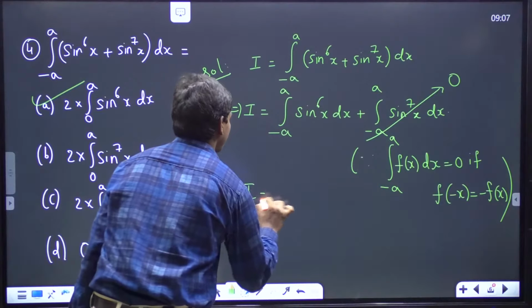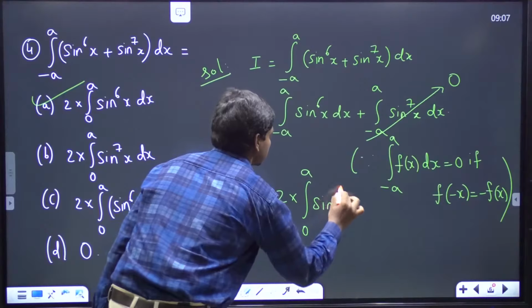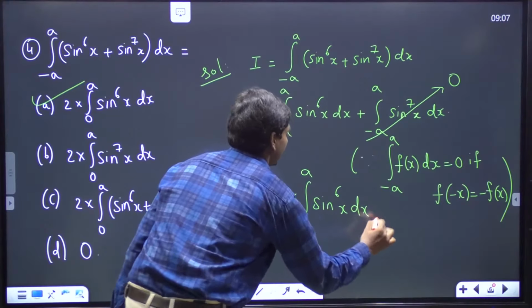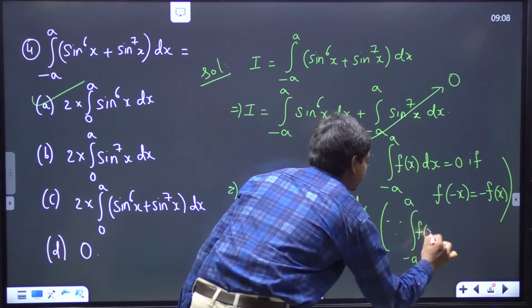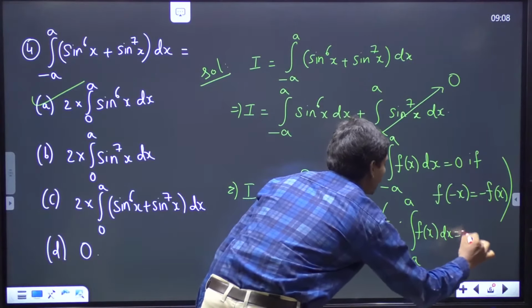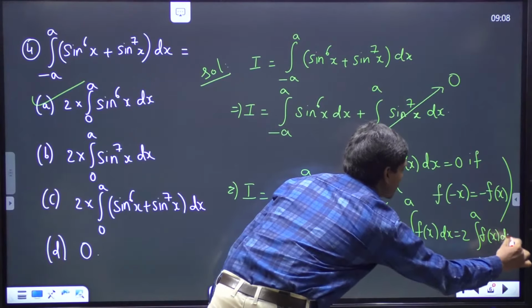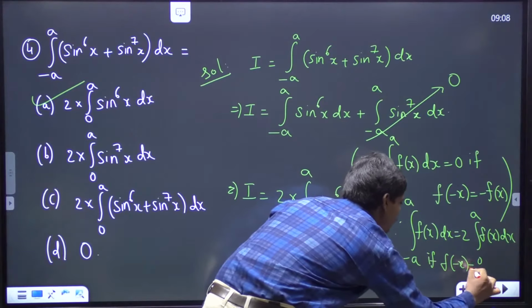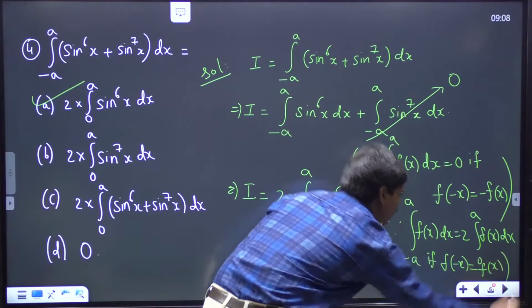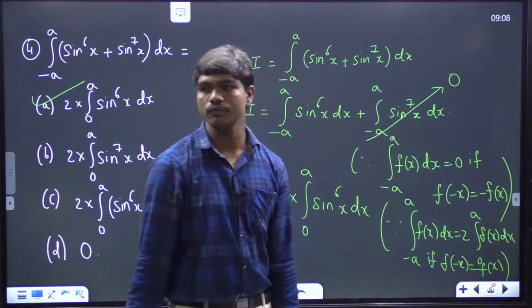I is equal to 2 into integral 0 to A sine power 6x dx, since integral minus A to A f of x dx is equal to 2 times integral 0 to A f of x dx if f of minus x is equal to f of x. This is what I gave you. I gave you these two properties in properties of definite integrals, if you remember.